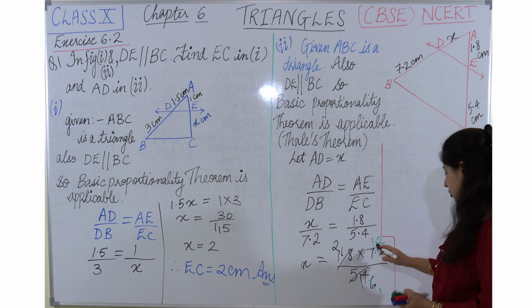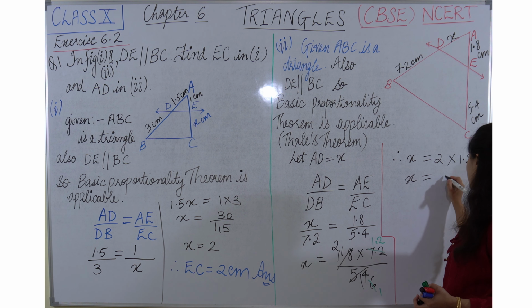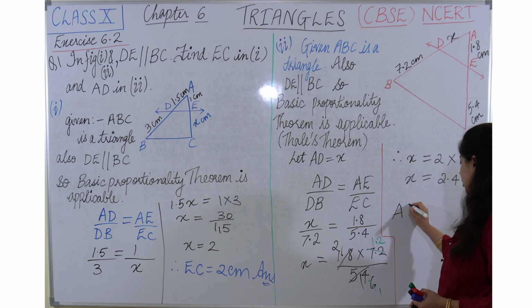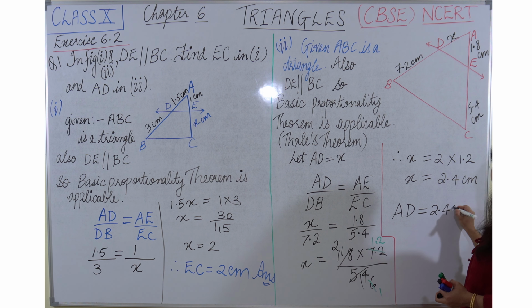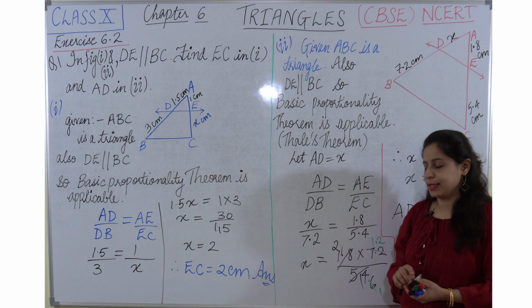Therefore X is equal to 2 into 1.2, so X is equal to 2.4 centimeter, and we have assumed X to be AD. Therefore the answer AD will be equal to 2.4 centimeter.